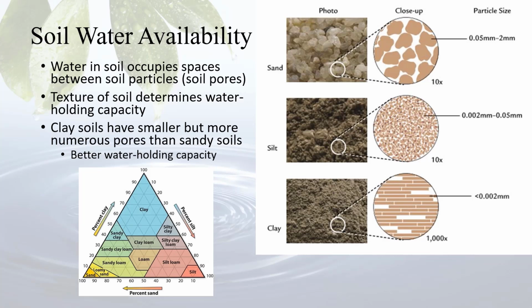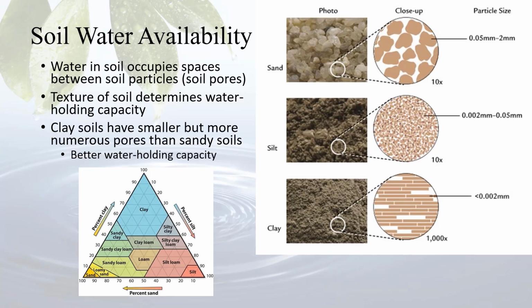If we put those big rocks in a jar, we're going to see that there's a lot of space between each individual rock or particle. Whereas if we have smaller particles, like clay, there's a lot less pore space, right? They're able to be packed tighter together.